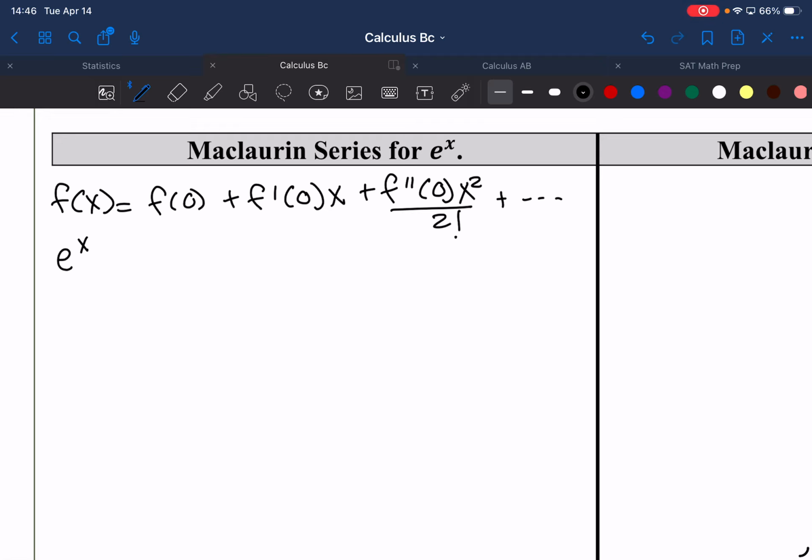So e to the x is equal to 1 plus x plus x squared over 2 factorial. And if we continue that process, it is x to the n power over n factorial. So again, I'm able to plug in each of the functions because e to the x derivative doesn't change. And since the derivative doesn't change, that means no matter what, when I plug in x is equal to 0, I'm going to get 1. Okay.